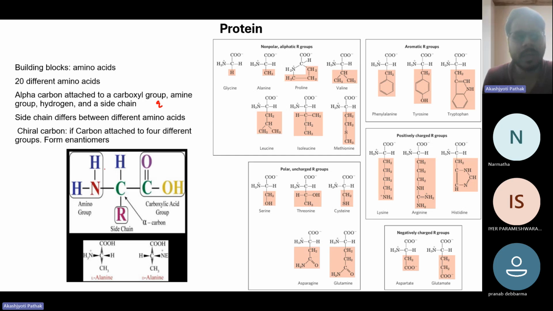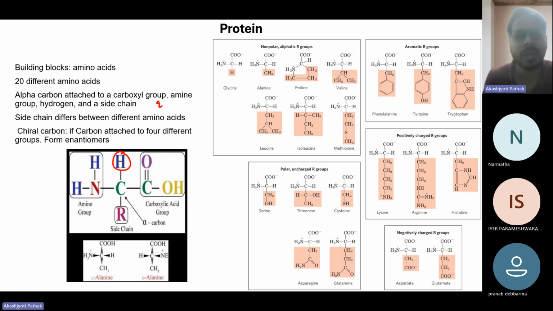One group is the amino group. The second group is the carboxyl group. The third group is the hydrogen atom, and the fourth group to which this alpha carbon remains attached is the side chain.